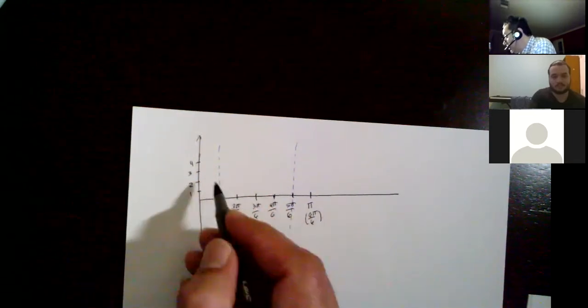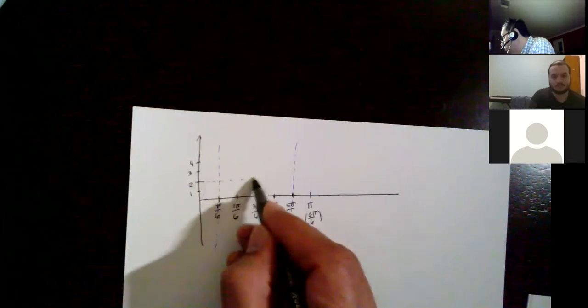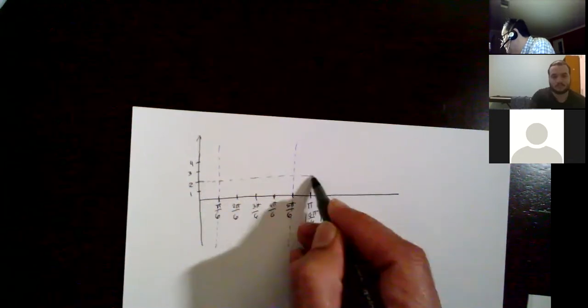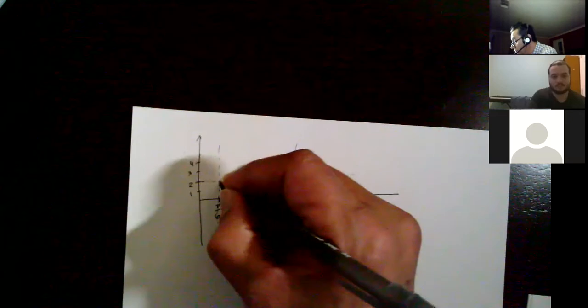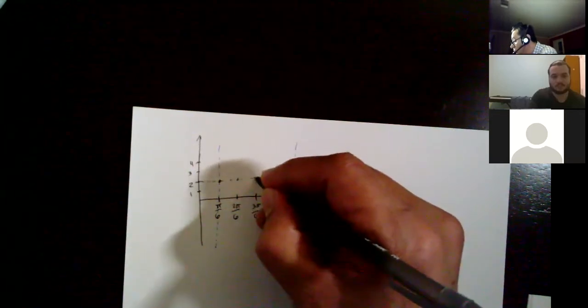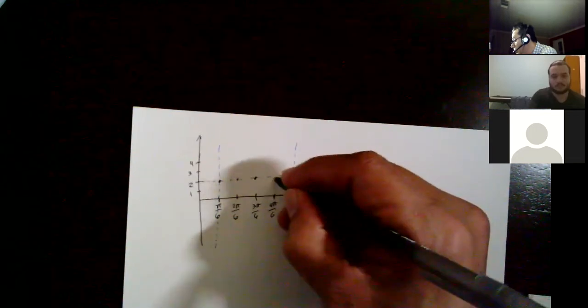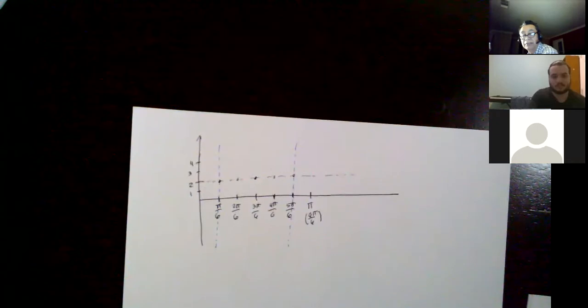I'm gonna draw this vertical shape. That's the first thing that I'm gonna do. And I'm gonna bring up the points that I'm gonna be needing in order to graph. So I'm gonna bring up this point right here, this point right here, this point right here, this point right here, and this point right there, okay?